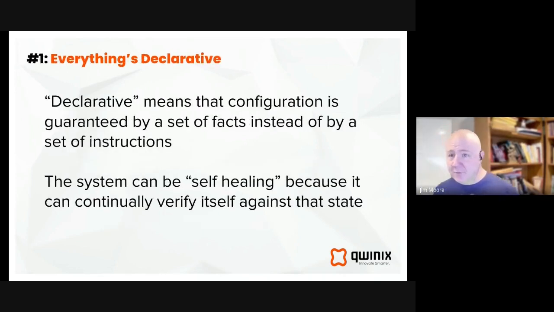So for that first one, everything's declarative. Declarative means the configuration is guaranteed by a set of facts instead of by a set of instructions. That's one of the reasons why it's almost always done by way of YAML these days. It's certainly by far the most popular. Also JSON, and there's a number of other languages similar. Not really languages as in what you normally think of, but just ways of describing.